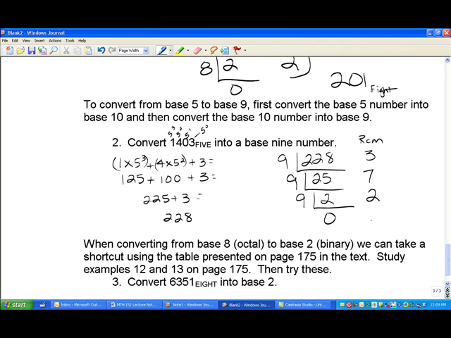Reading that backwards, I get 273 base 9. So you have to convert to base 10 first, and then go to base 9.